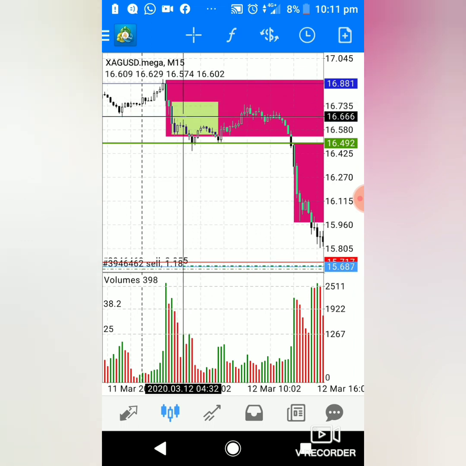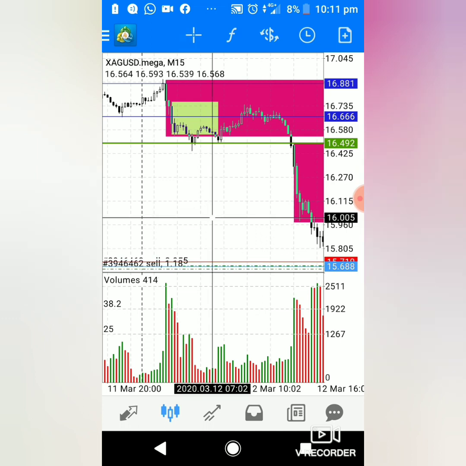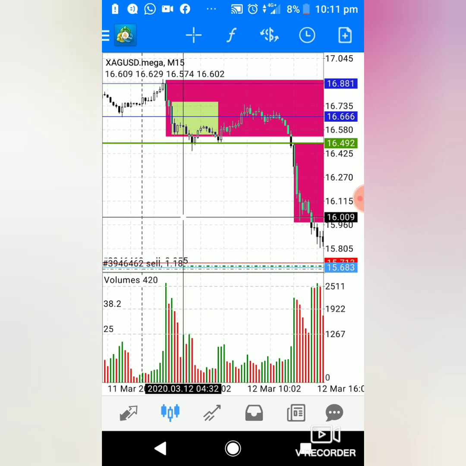But the distribution was for supply, meaning in favor of supply, which is the confirmation of your liquidity principal candle.